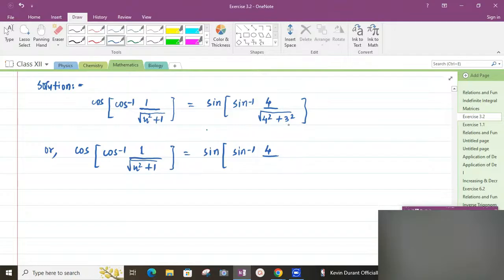So 16 plus 9 equal to 25, and the square root of 25 is 5. Is there any problem to understand up to this step?